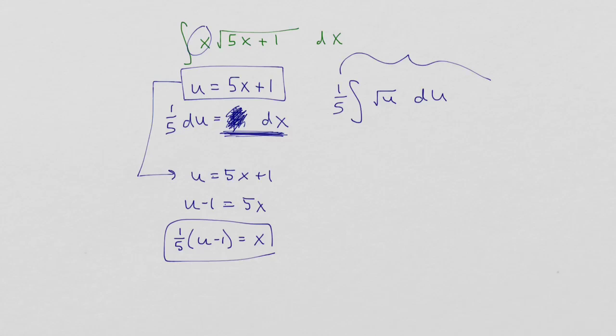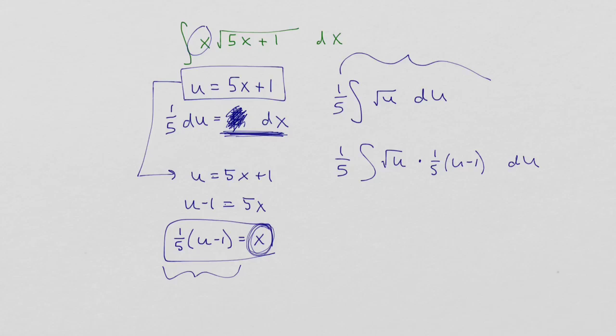And now what I'm going to do is deal with this need for this x by multiplying the square root of u by all this stuff, which is 1/5 times u minus 1 du. Now at this point you might be like, what the heck, this is not any simpler than what we started with.